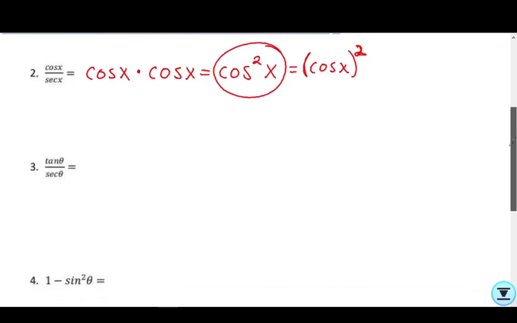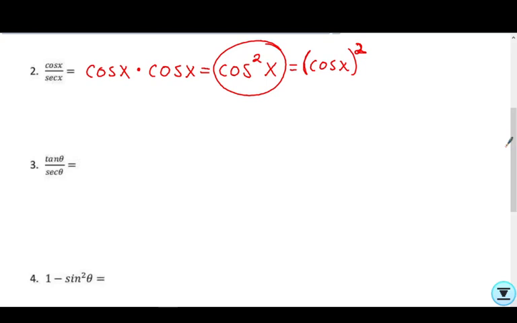All right. The next one, tangent theta divided by secant theta. Well, again, this is like the one before it. So we have tangent divided by secant. Well, dividing by secant, just like the last one, is the same thing as multiplying by cosine.